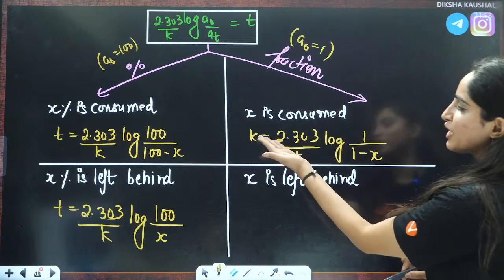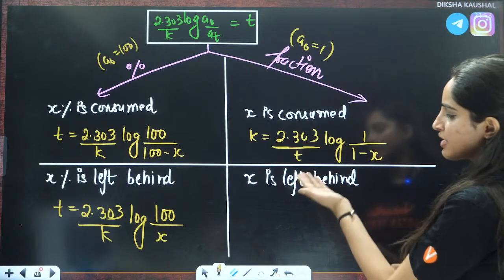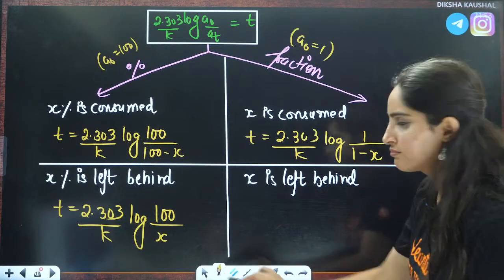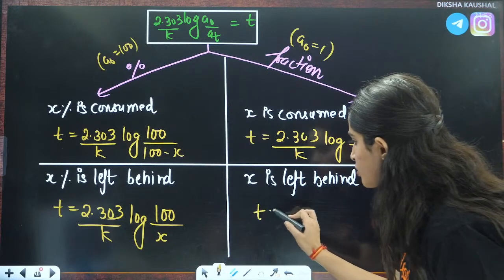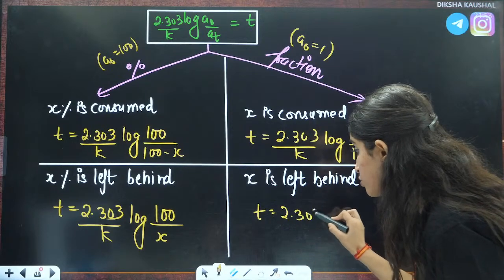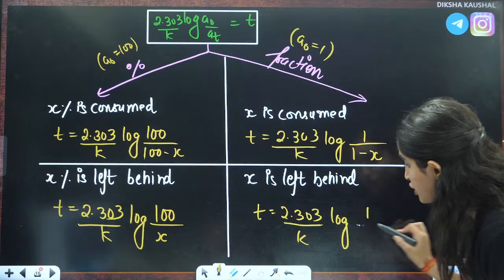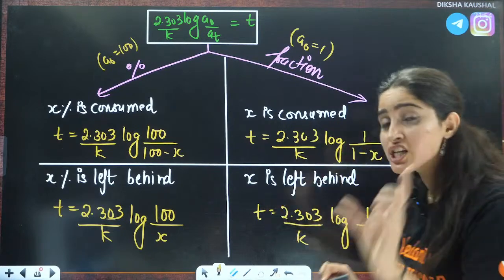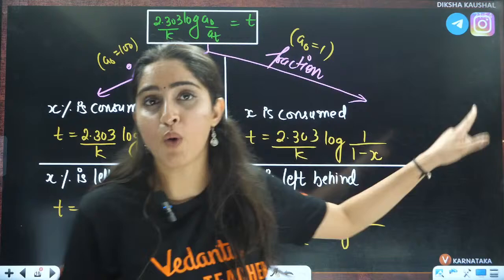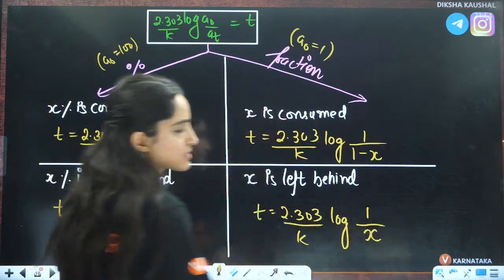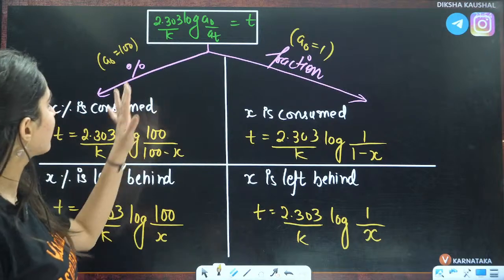If they have asked you the value of K, you will write T; if they ask you the value of T, you will write K here. So t equals 2.303 divided by k log base 10. In fraction, initial is 1, and X amount is left. That will be 1 by X.